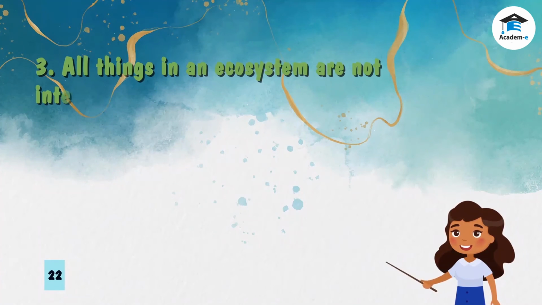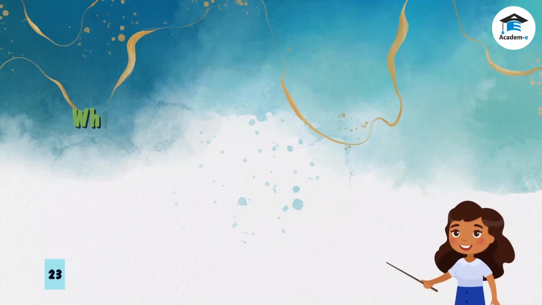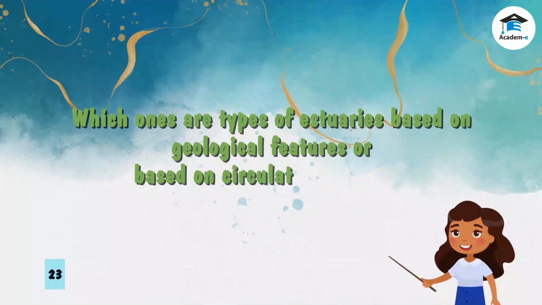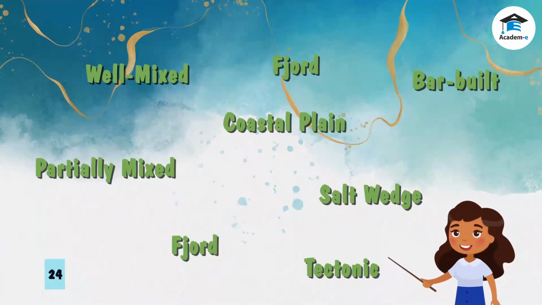All things in an ecosystem are not interconnected. False. Which ones are types of estuaries based on geological features or based on circulation patterns? Good job.